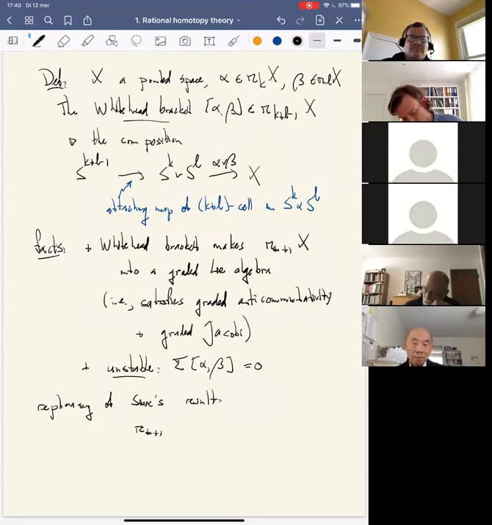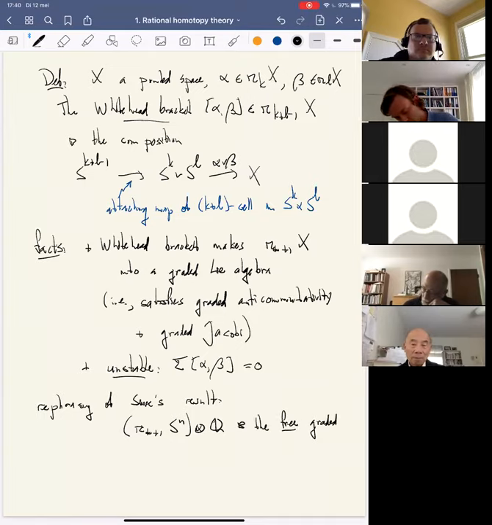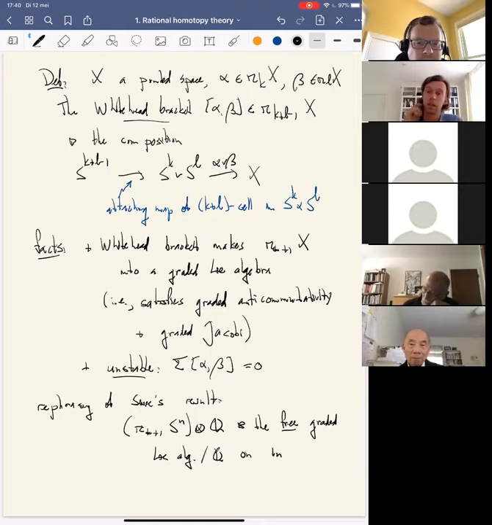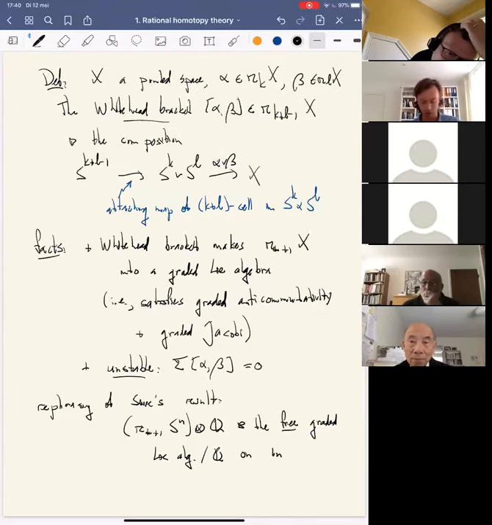So pi star plus 1 of an n sphere tensor Q. This is the free graded Lie algebra over Q on this identity element iota n.